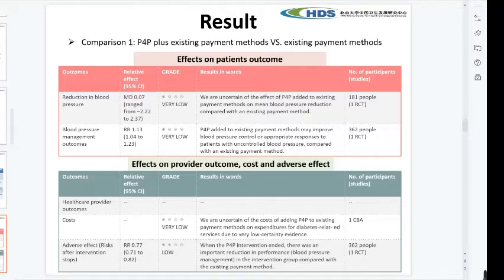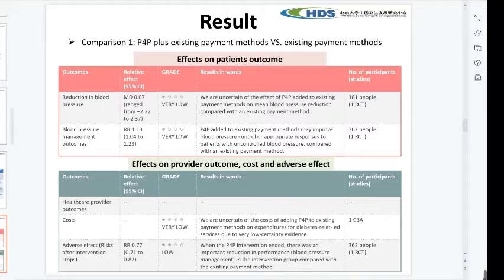The green table shows the effect of P4P extra incentives on the provider outcome, cost or adverse effect. We cannot get certain evidence on the cost outcome, but we found one adverse effect: when the P4P intervention ended, there was an important reduction in performance in the intervention group compared with the existing payment method.